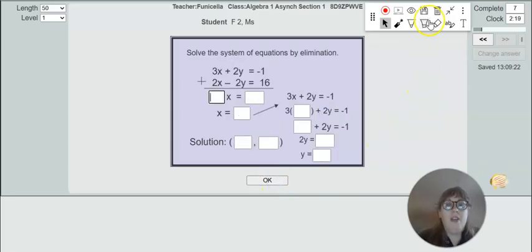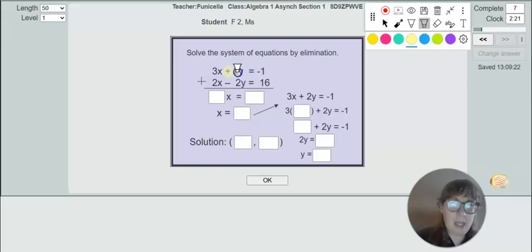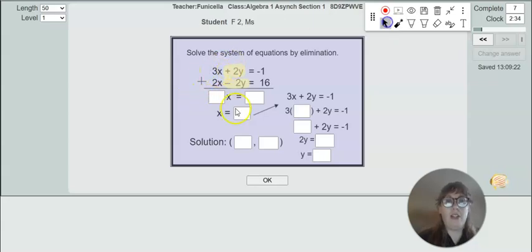Beautiful. So for this next one, we see a positive 2y and a negative 2y. So they are the same number, just one is positive, one is negative. And when that happens, we can just add our equations vertically. 3x plus 2x gets us a 5x, and negative 1 plus 16 gets us a positive 15.